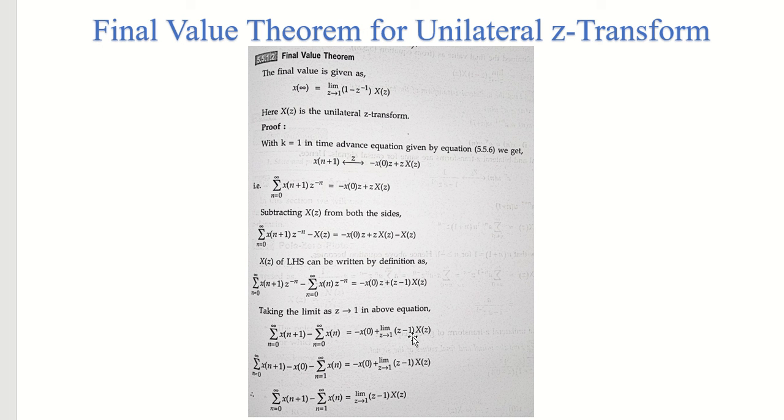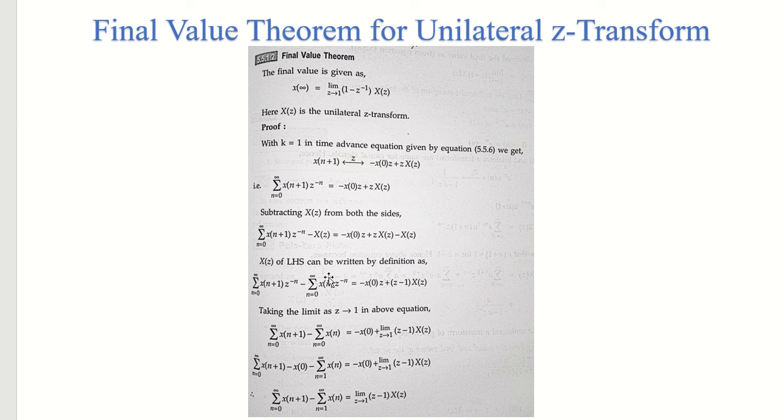And when you implement that limit, what will you get? You will get something which looks like this: summation n equals 0 to infinity x of n plus 1 minus summation n equals 0 to infinity x of n.